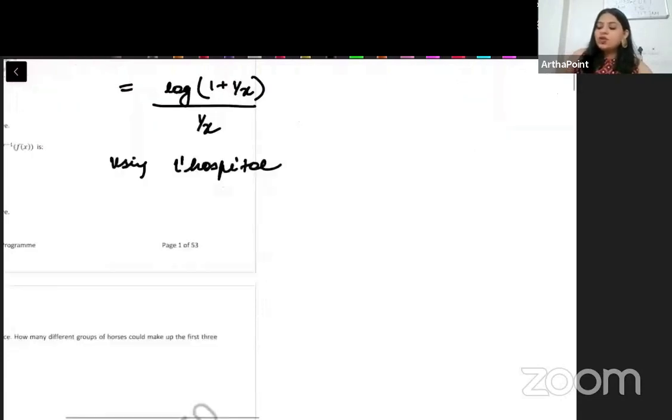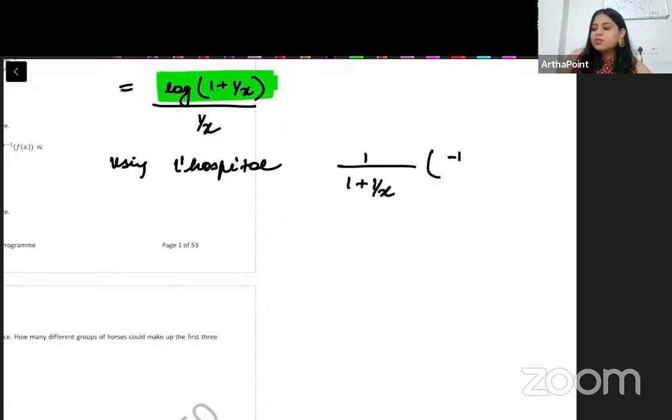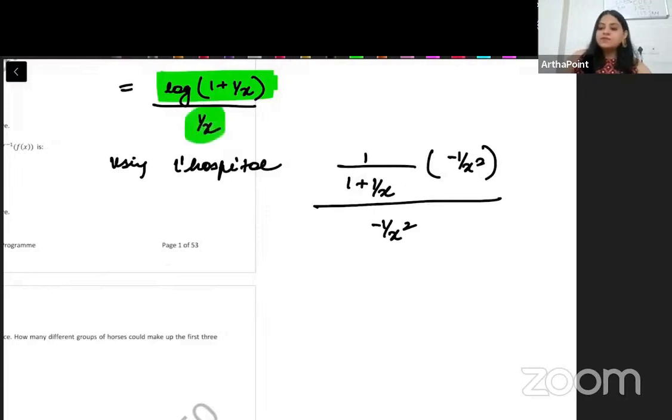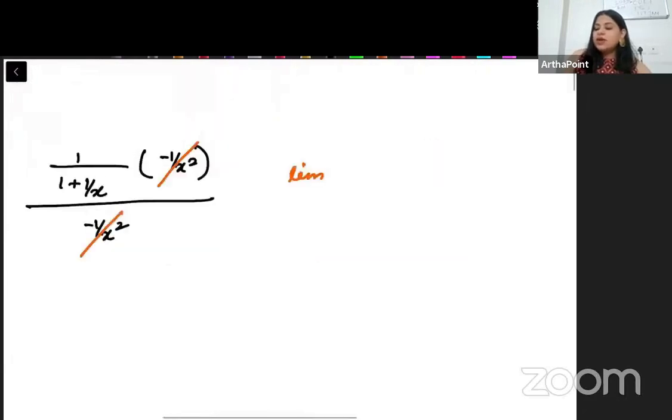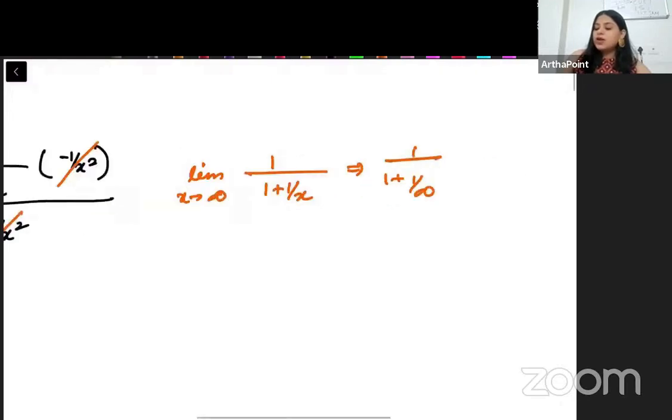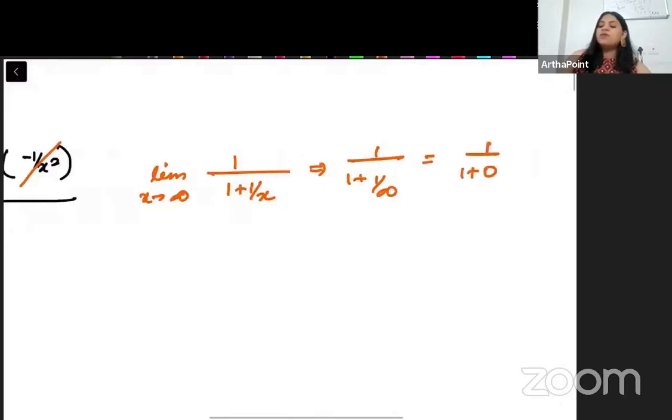When I differentiate the numerator, what will I get? I will get 1 upon (1 + 1/x), and differentiation of 1/x will be minus 1/x squared. The denominator will be minus 1/x squared, since differentiation of 1/x is minus 1/x squared. So this and this get cancelled and you have the limit as x tends to infinity of 1 upon (1 + 1/x). This gives 1 upon (1 + 1/infinity), so 1 upon 1 + 0, which gives me 1.